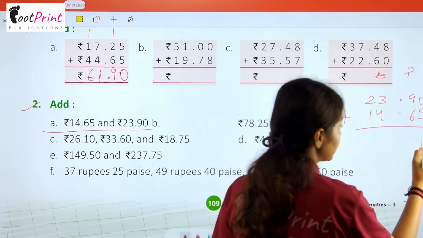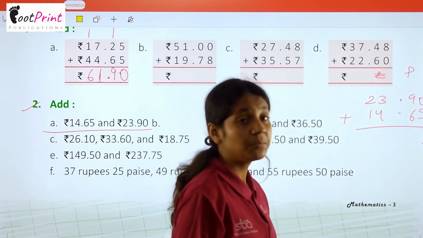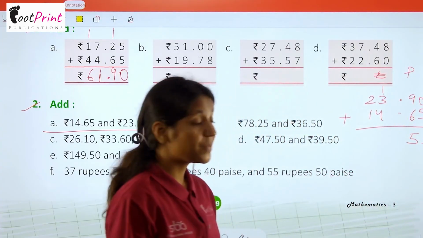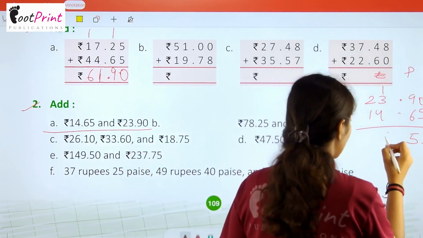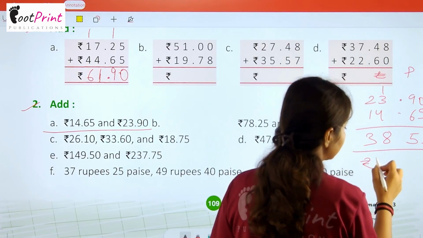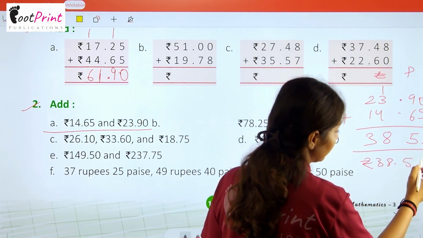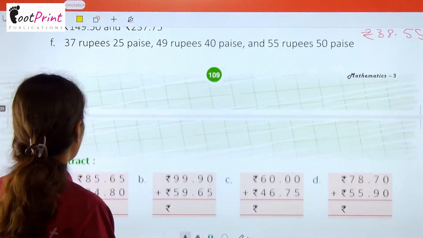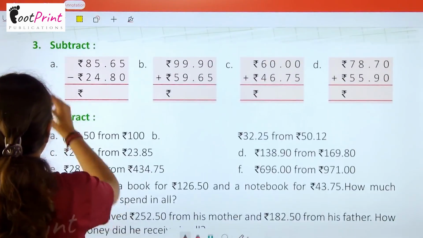Now 5 plus 0 is 5. 9 plus 6 is 15. 4 plus 3 is 7 plus 1 is 8. And 2 plus 1 is 3. The answer is rupees 38.55 paise.